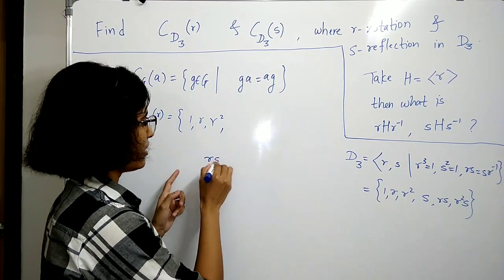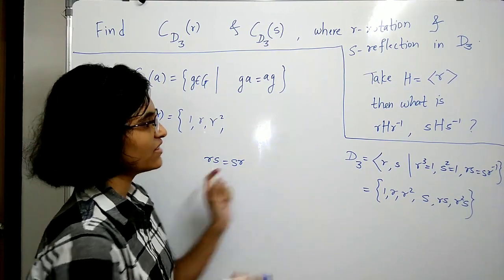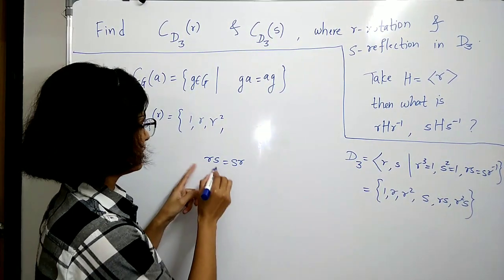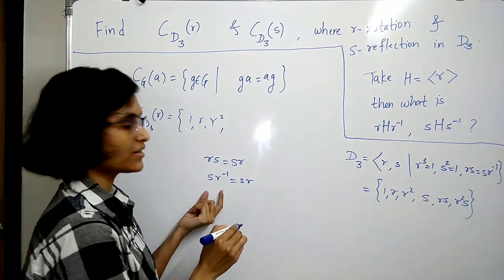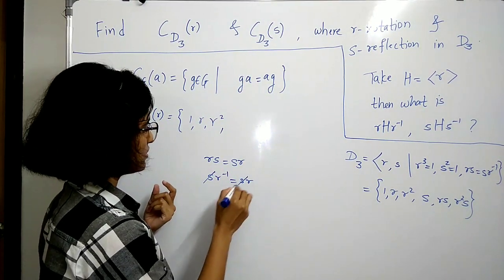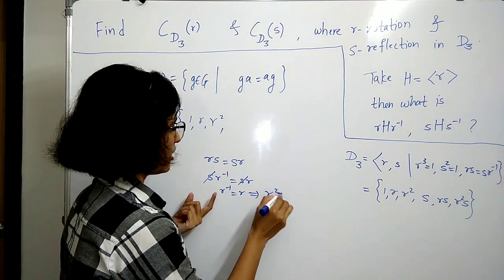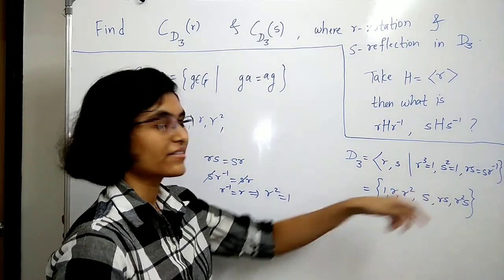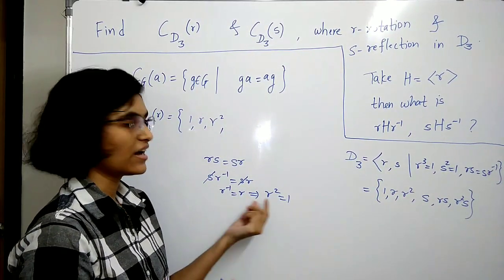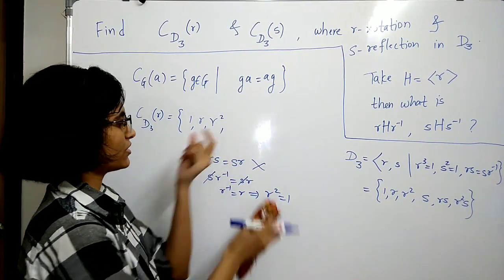If we have RS is equal to SR, then by this relation we have RS is just SR inverse, which is SR, right? So this gives us R inverse is R, which means R square is 1, which is not true because we have R cube is 1. Clearly R square is not 1. So this is not true. That means S is not here.